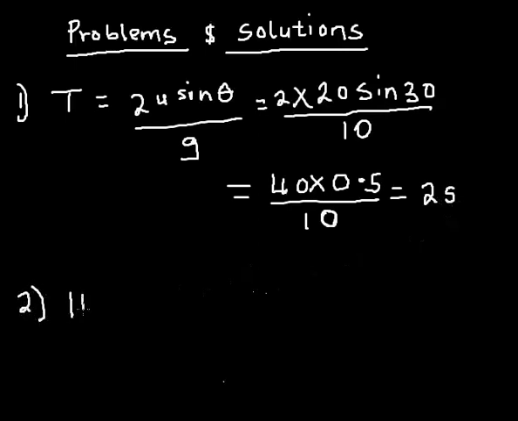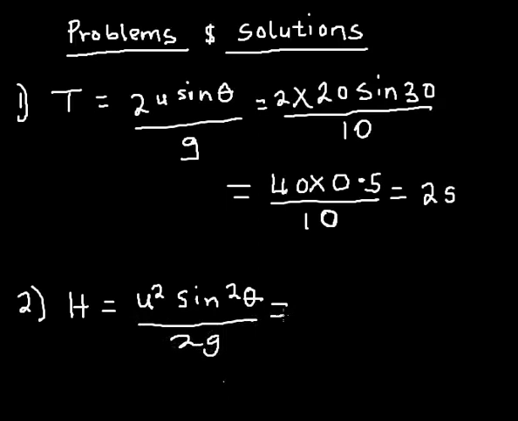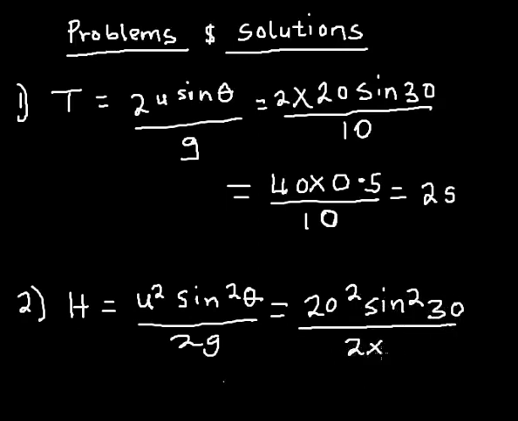Then for the maximum height, we are looking at u square sine square theta, then divided by 2g. Okay, so that's going to be u is 20 squared, then sine square 30, all over 2 times 10.